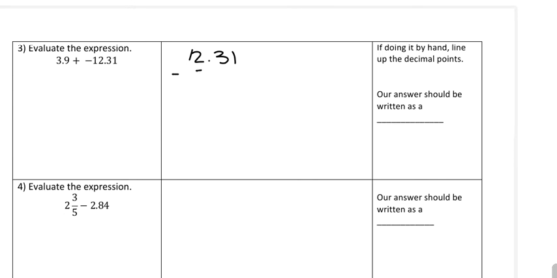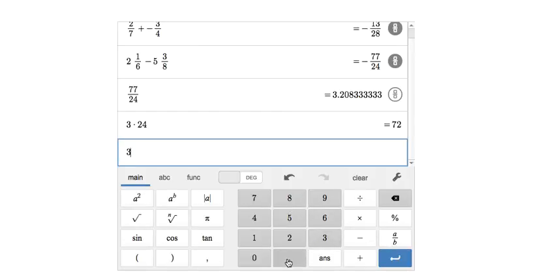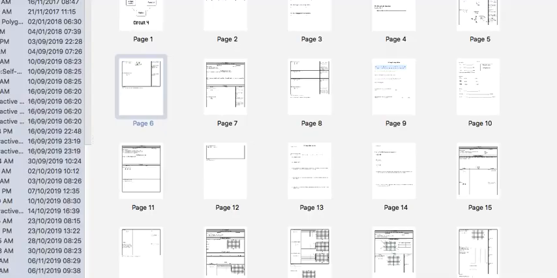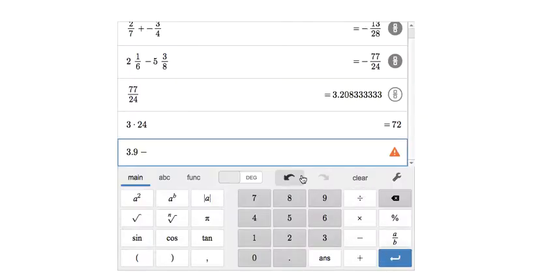Because they're decimals, our answer should be written as a decimal. We can use the calculator though, so 3 and 9/10 plus negative 12 and 31/100.